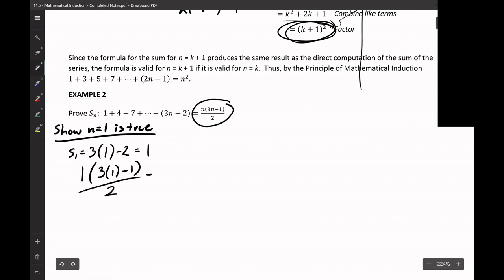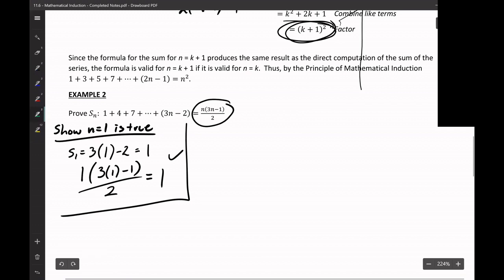Okay, well, what's this going to be? Well, 1 times 3 times 1, so this is 3 minus 1, which is 2, so 2 over 2. Well, that's just 1. Okay, so because s sub 1 is 1, and because the thing that we're trying to use also works when you plug in 1 for n, the n equals 1 term is true. Okay, so that's the first part.